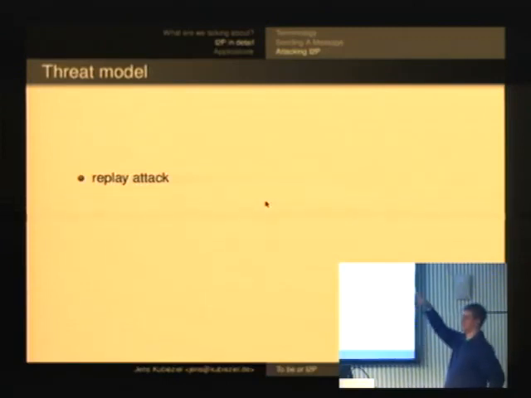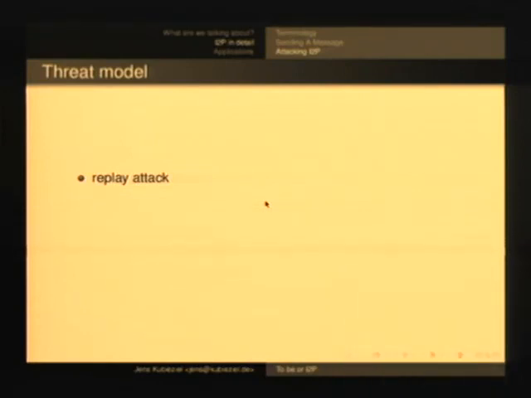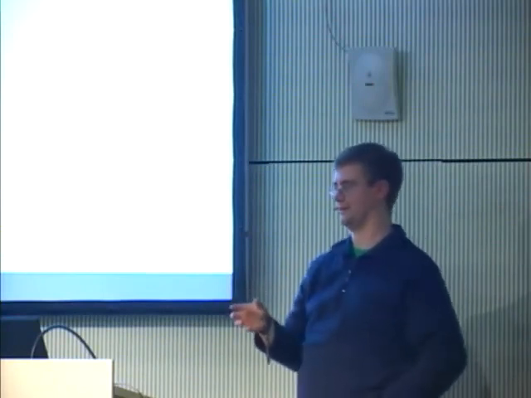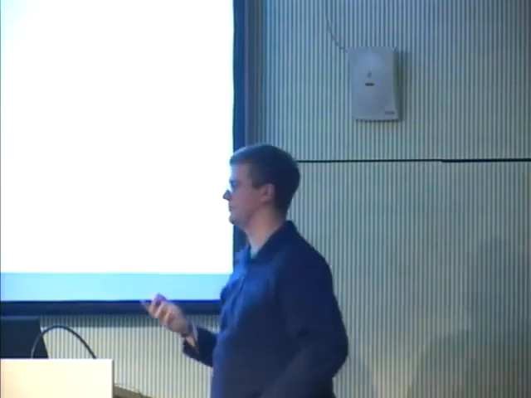If there's an eavesdropper, say Eve, she watches the network and watches what messages go through it, takes one message out of the network and just resends that message again. That's basically the replay attack. Maybe some of you are familiar with the cypherpunk remailers.